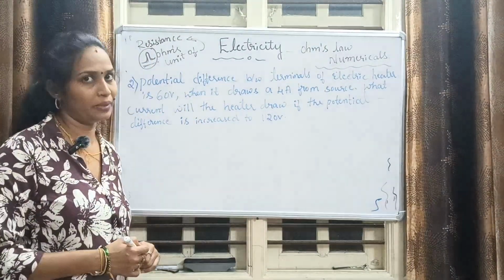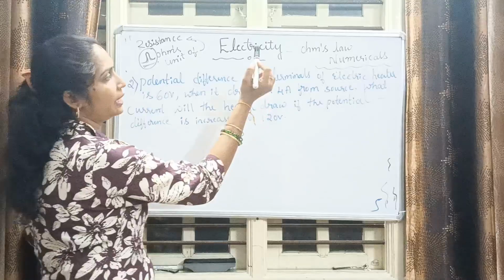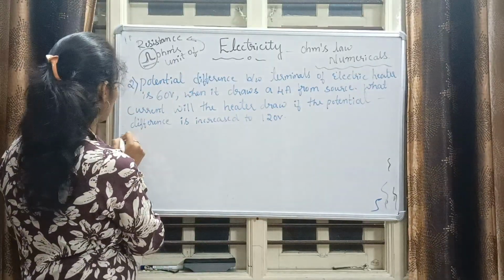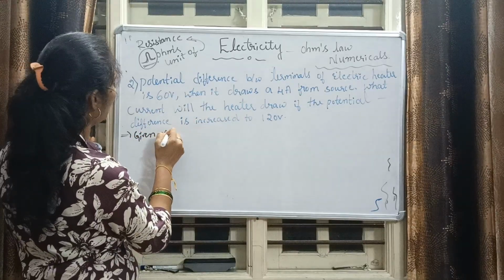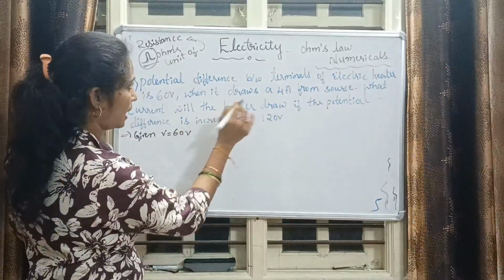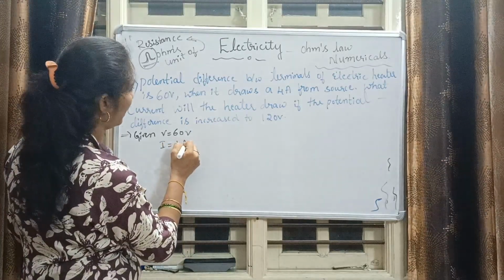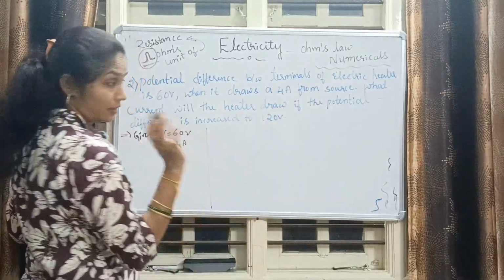This is your second problem in the NCERT textbook. What they have given: the potential difference between the terminals of an electric heater is 60 volt. That is, V is equal to 60 volt, when it draws a current I equal to 4 A from a source.